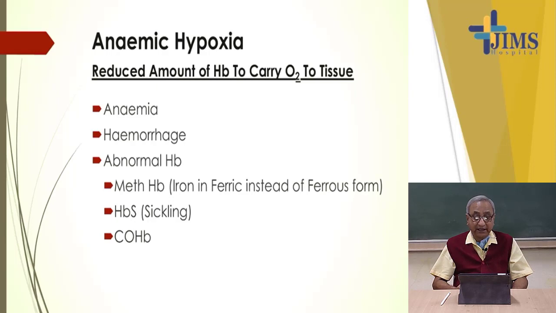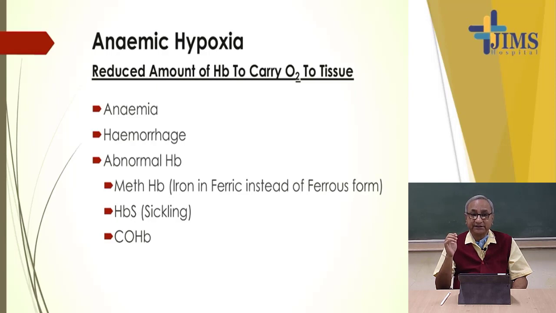Abnormal hemoglobin, like in methemoglobin, where normally the iron inside the hemoglobin is ferrous. Instead, if it turns to the ferric form, there is methemoglobinemia, where the oxygen carrying capacity of the hemoglobin decreases.